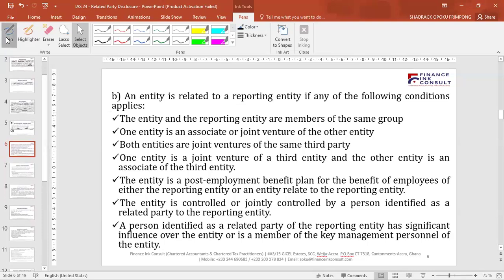B. An entity is related to a reporting entity if any of the following conditions apply. The entity and the reporting entity are members of the same group. So despite group of companies, we have OKFM, we have UTV and all those things. So they are members of the same group. One entity is an associate or joint venture of another entity.